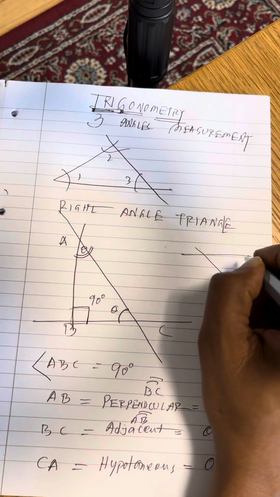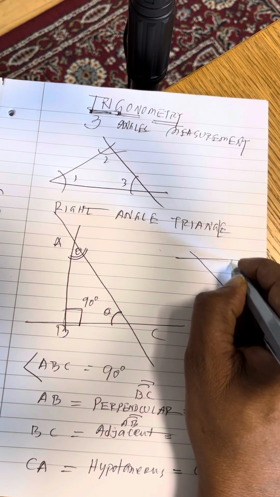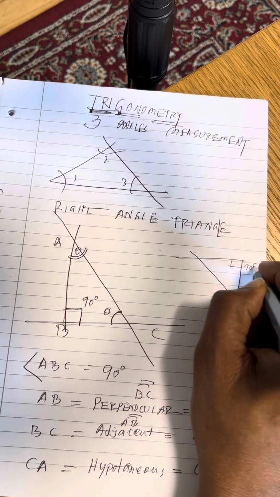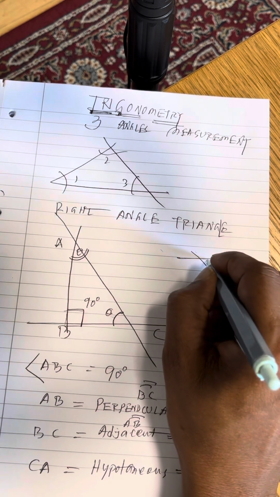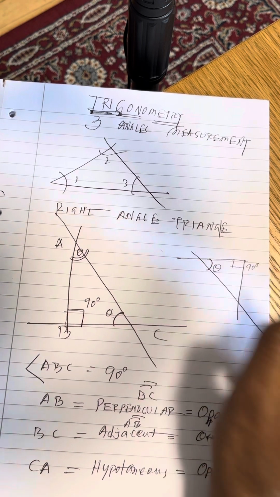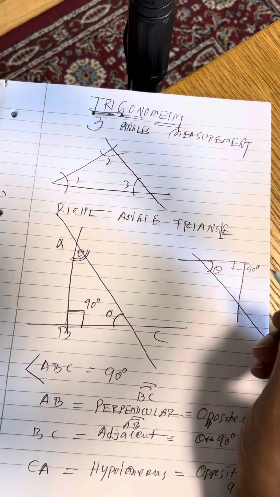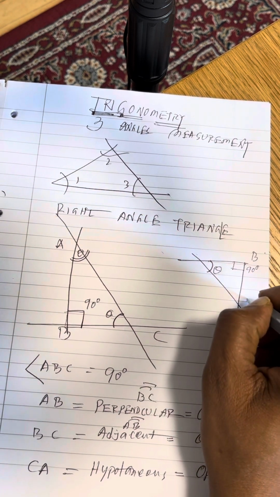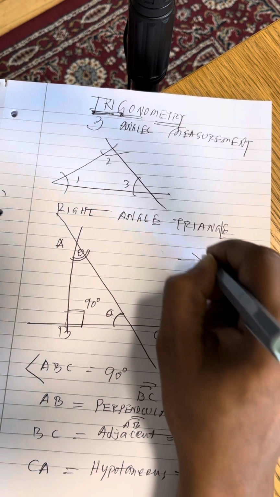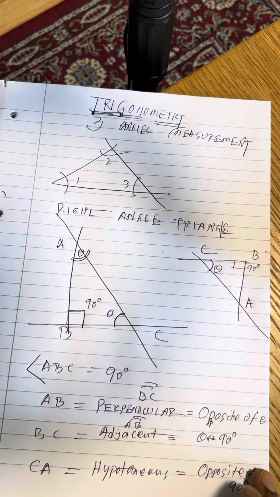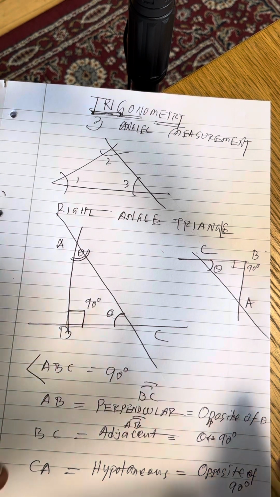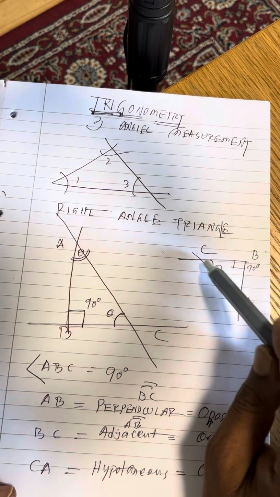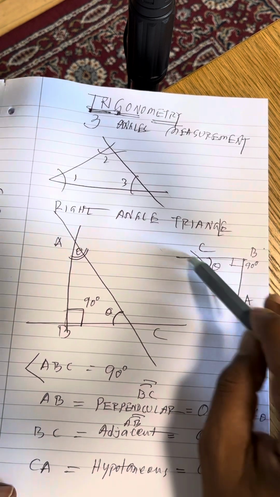If we think this way, and this is our right angle triangle 90, if we consider this is theta, then this is B, and A, C, right? So what's the consequence? The situation changes, because we still define this as the hypotenuse.